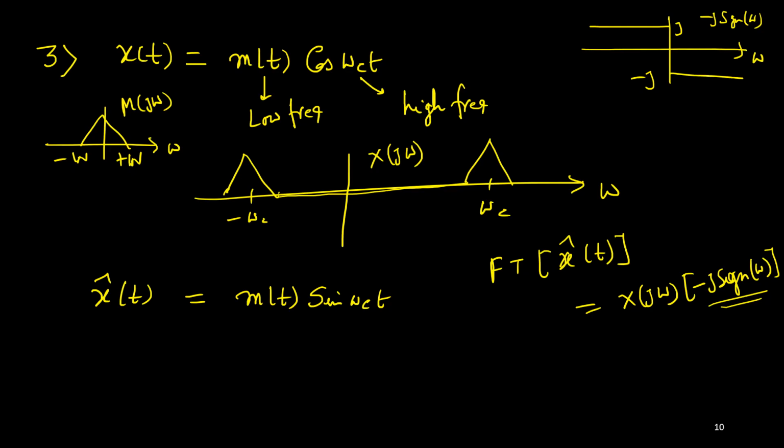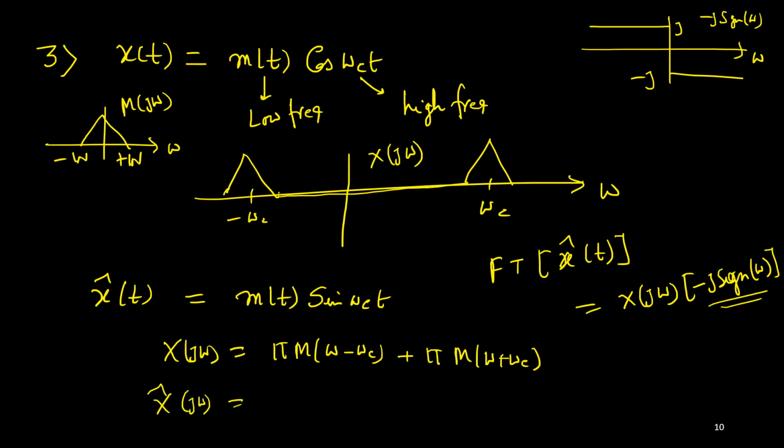Okay, I think I can make you understand this one, because X of j omega, you see capital X of j omega is simply pi M of omega minus omega_c plus pi M of omega plus omega_c. When this is multiplied, right, minus j is multiplied here for this one. So this is for positive. So X hat of j omega, and you see minus j is multiplied here. Or I can write it as 1 upon j. Okay, same thing. 1 upon j sign omega.